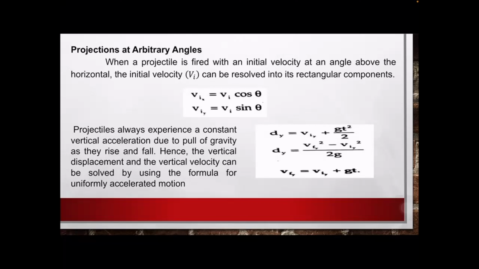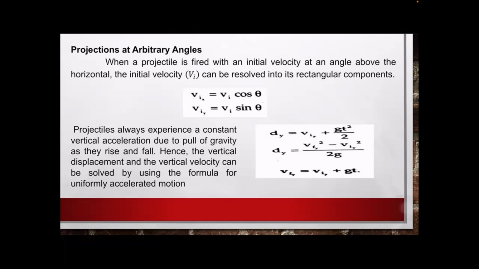Then we have here the initial velocity on x, that will be Vi cosine theta, and for the initial velocity of y is equal to Vi sine theta. Projectiles always experience a constant vertical acceleration due to the pull of gravity as they rise and fall. The vertical displacement and vertical velocity can be solved by using the formula for uniform acceleration motion.